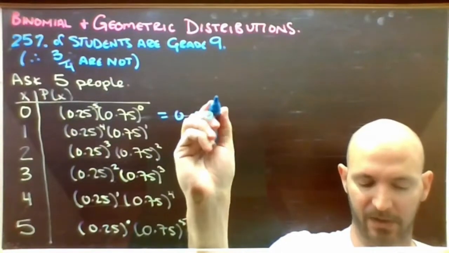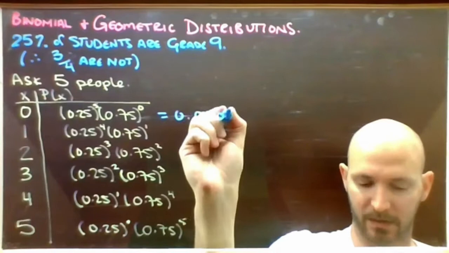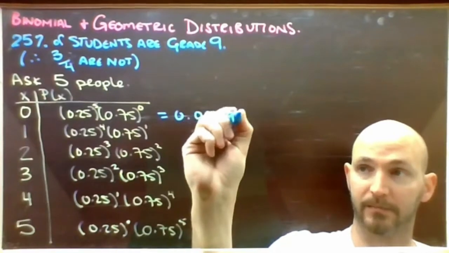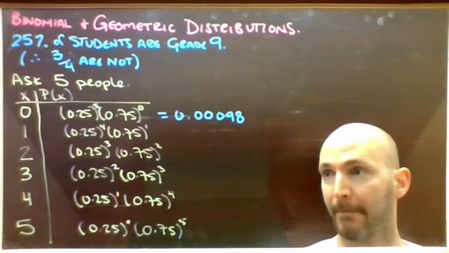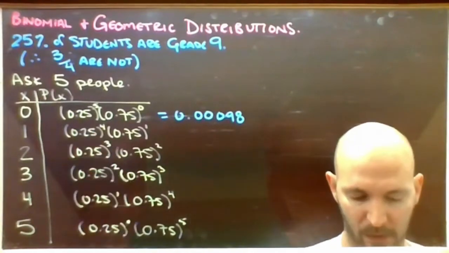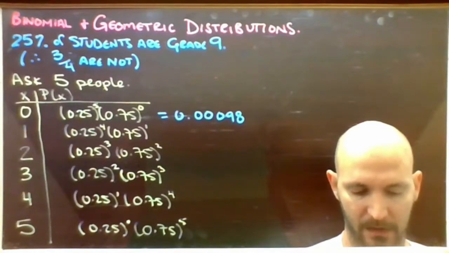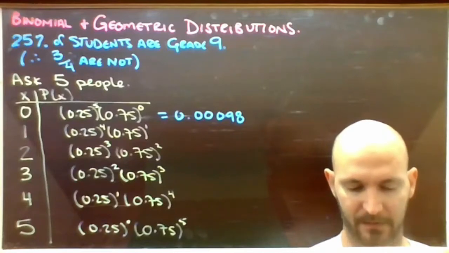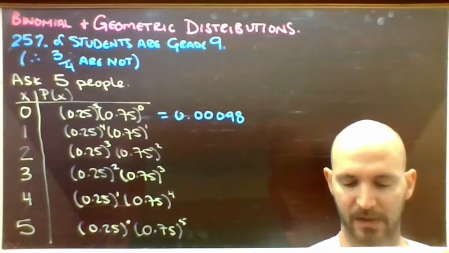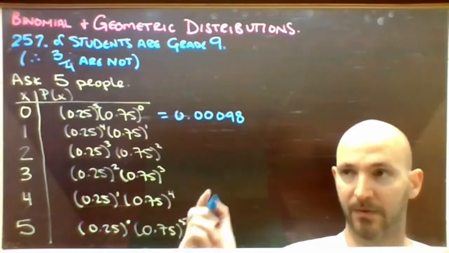I'll just keep 5 digits for this one: 0.00098. If I were to do this row, 0.25 to the exponent 4 multiplied by 0.75 is 0.00293.